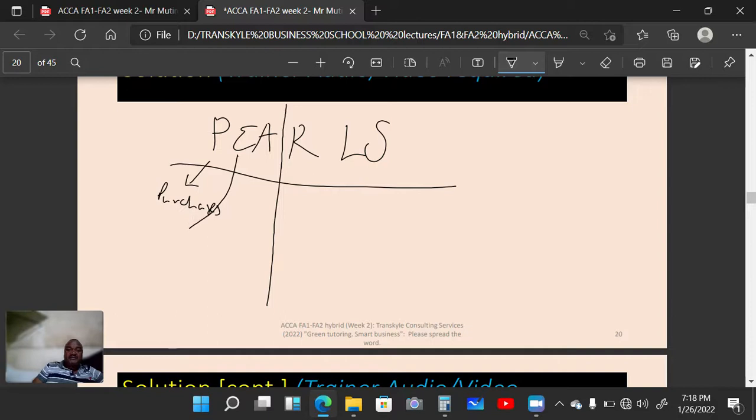E, expenses. A, assets. Then R is for revenue.